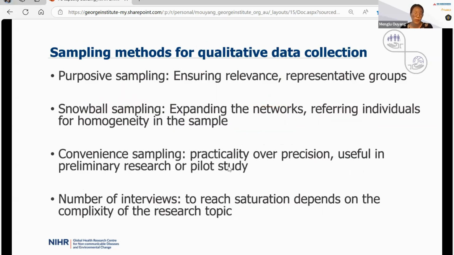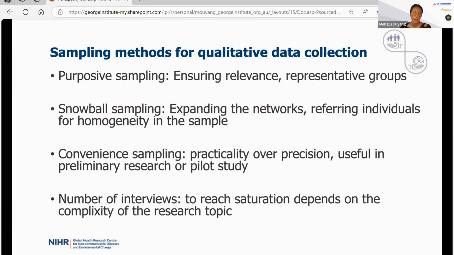So after introducing the different types of data and also the approaches for us to collect the different types of data, I'm going to briefly introduce some of the sampling methods for the qualitative data collection. I think some of you already had some knowledge about the sampling methods in the previous question.